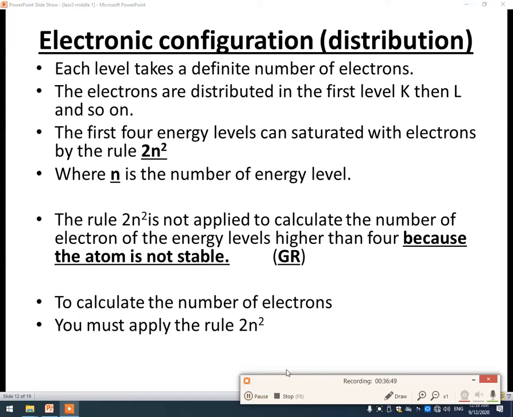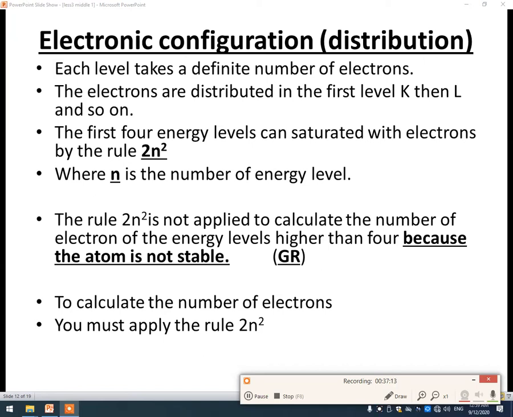Number 2, you have to know that the electrons are distributed in the first level K, then L, then M, and so on. For example, I can't put an electron in L before K. No. You must distribute the electrons ascendingly, from first level K, then L, then M, and so on.